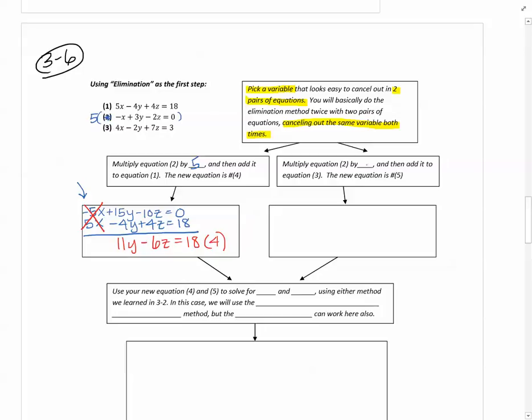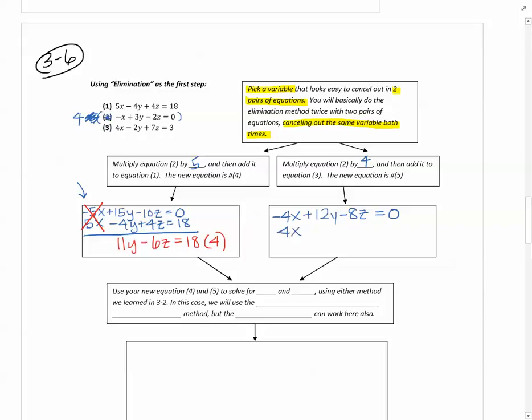If I multiply equation 2 by 4, so instead of multiplying it by 5, I'm going to multiply it by 4. That would give me negative 4x plus 12y minus 8z equals 0. Again, I am multiplying the 4 times the 0 on the other side. It just happens to be staying the same because it's a 0. Then I'm going to copy equation 3.